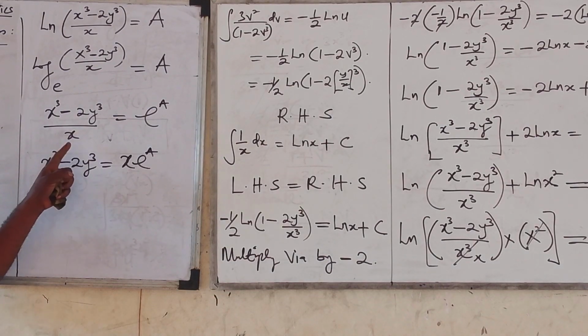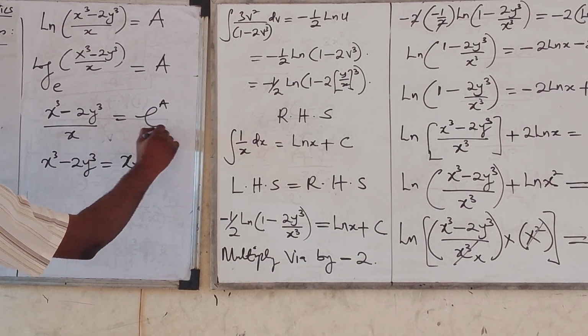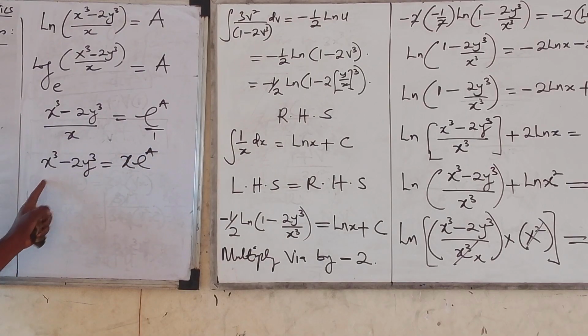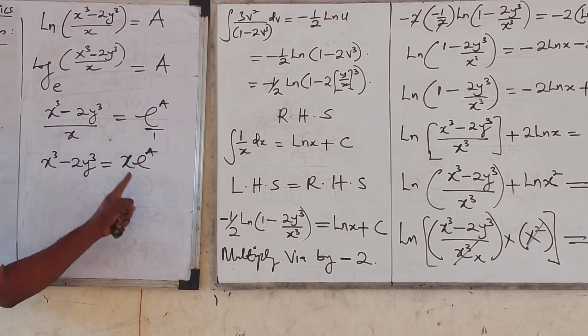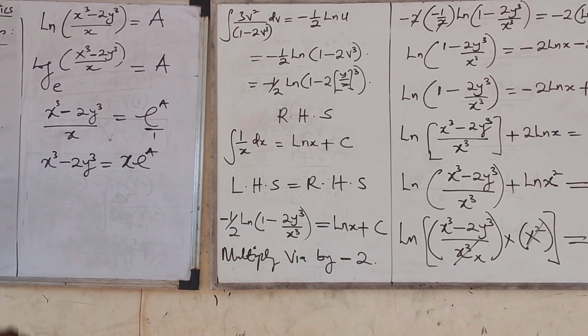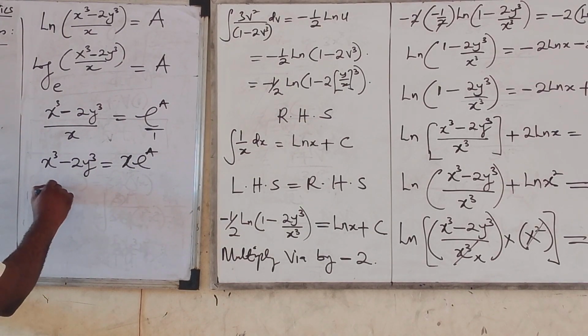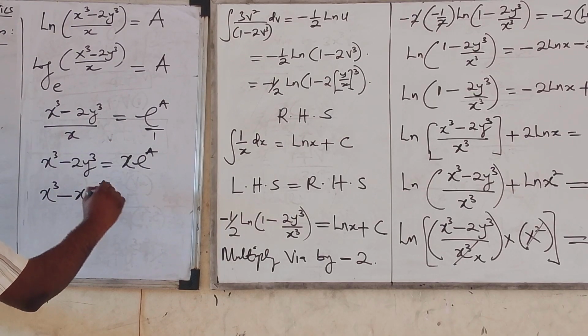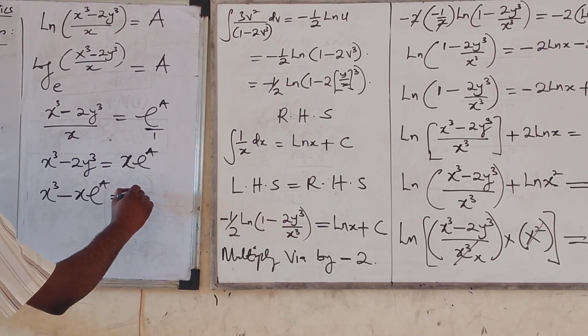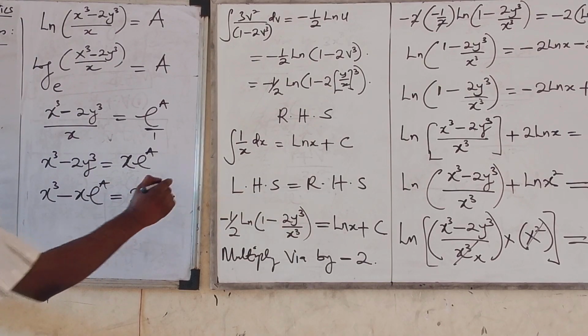That's cross multiplying, because this is the same thing as over 1. So this times 1 will give you this, and x times e to the power of e will give us x e to the power of e. So it means at this point, x raised to the power of 3 minus x e raised to the power of e will be equal to 2y raised to the power of 3.